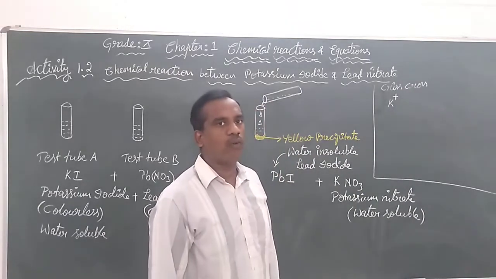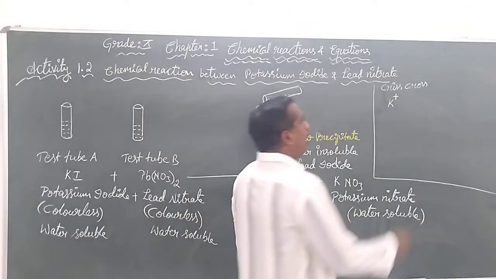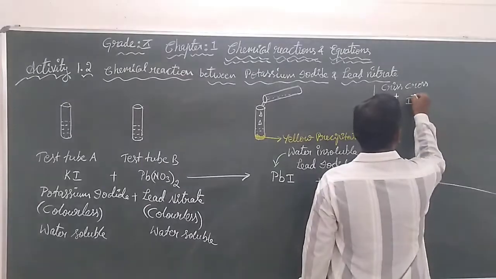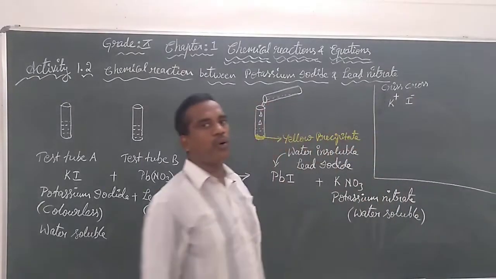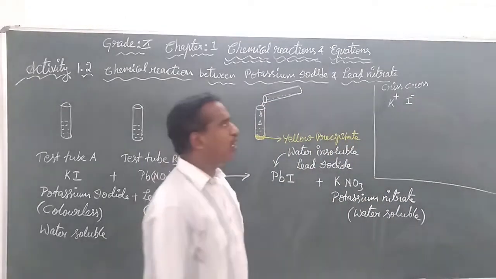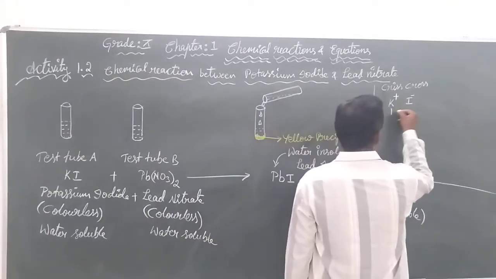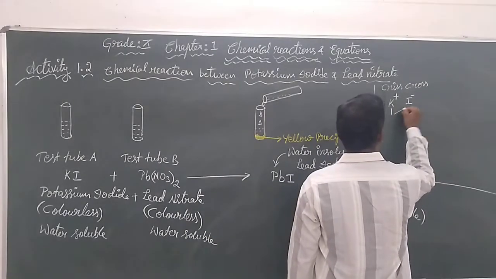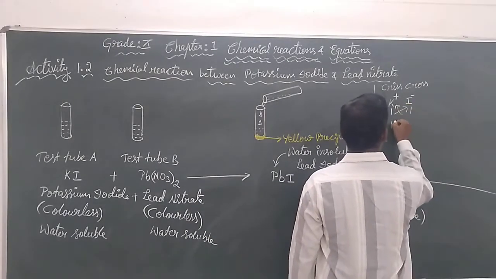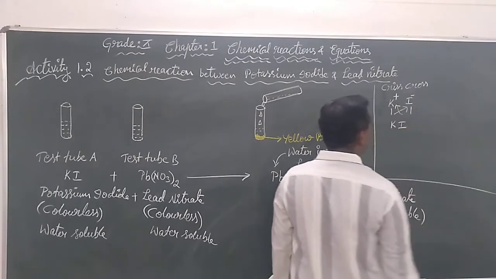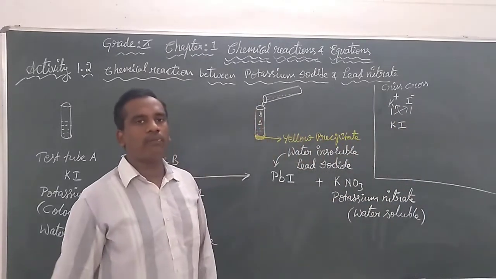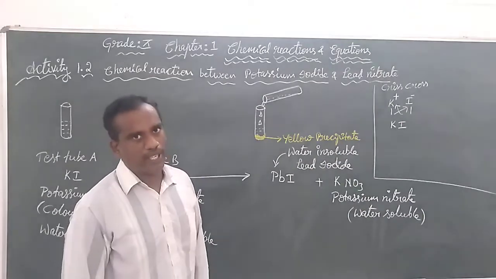It's a monovalent cation. Iodide is a monovalent anion. It's +1 and 1. They both were crisscrossed with each other to give potassium iodide. That is from the grade 9 standard topic.